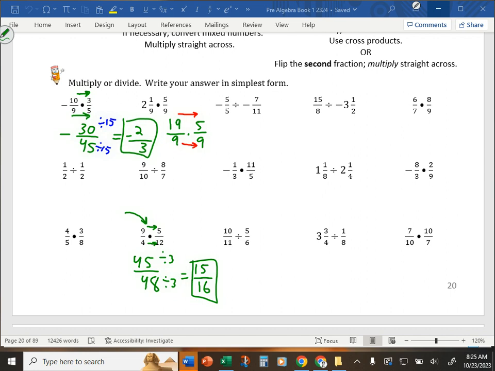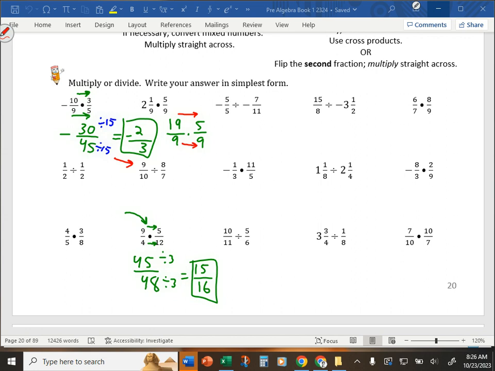Nora, talk to us about dividing fractions. Let's start with this 9/10 divided by 8/7 here. Tell me what you like to do to divide fractions. You switch the numerator and the denominator first. Not the first, the second. The second, right? Yeah.